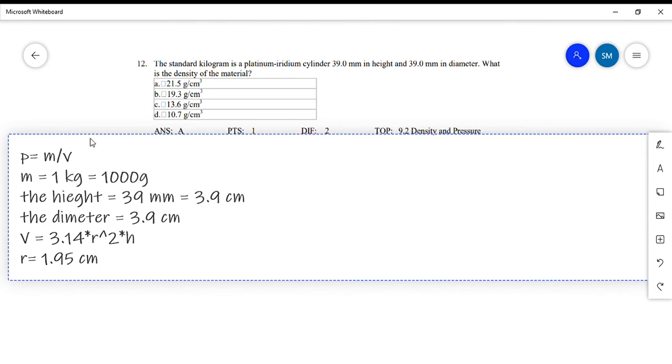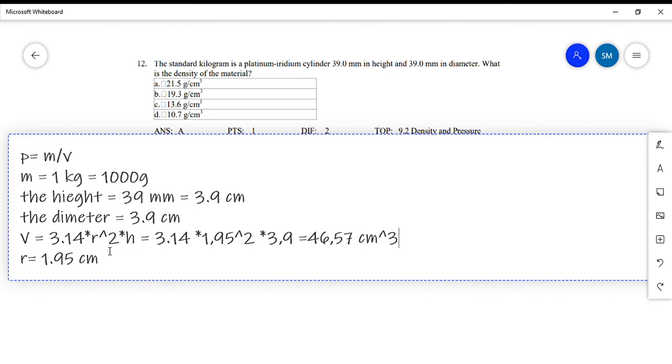Let us substitute by this rule: 3.14 times 1.95 squared times the height, 3.9, which is equal to 46.57 centimeter cubed.